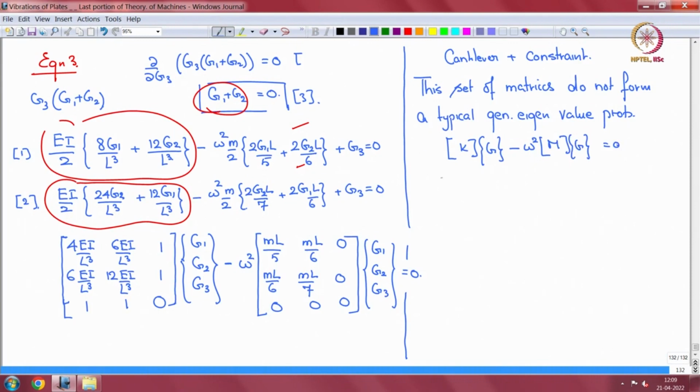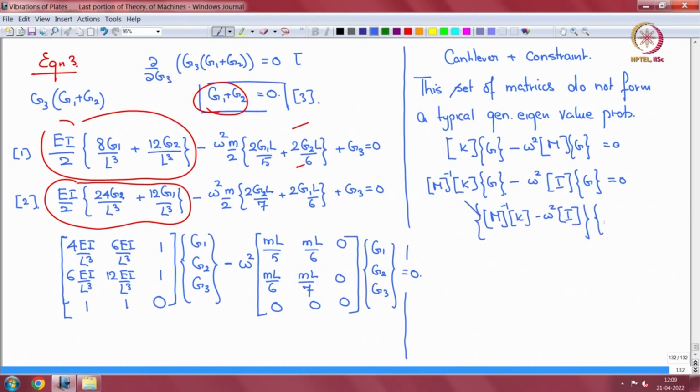I take an m inverse, then I have m inverse k minus omega square I, into g equal to 0.